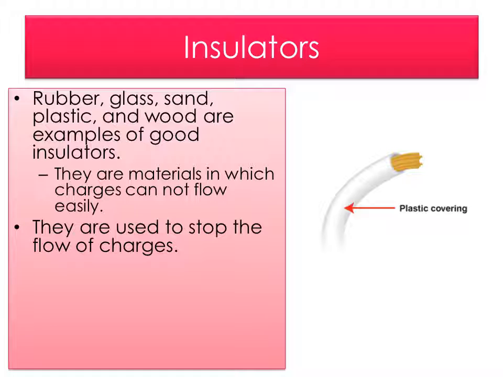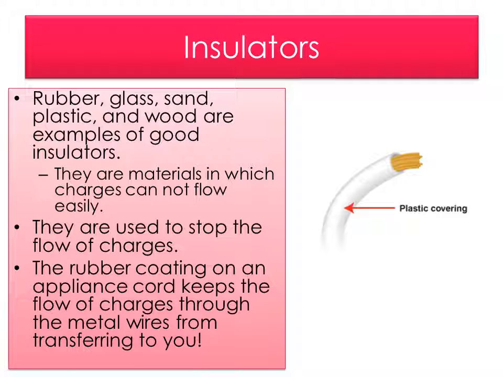Now, they are used to stop the flow of charges, as you can see in the diagram to the right, and I'll explain that a little bit more here in a second. All right, the rubber coating on an appliance cord keeps the flow of charges through the metal wires from transferring to you.